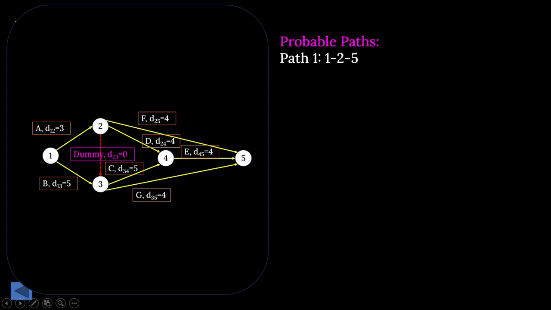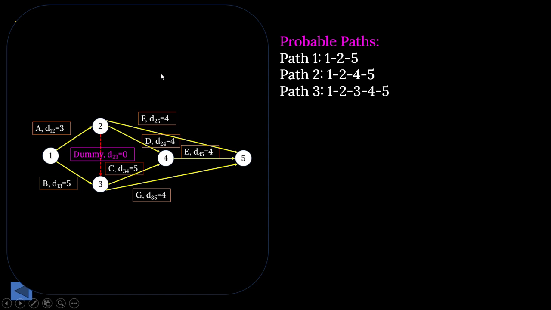We can see that path 1, as I have mentioned, 1 to 2, 2 to 5. Path 2, 1 to 2, 2 to 4, and 4 to 5, that we can find out from the network. Path 3, 1 to 2, 2 to 3, 3 to 4, 4 to 5, where 2 to 3 is a dummy activity.